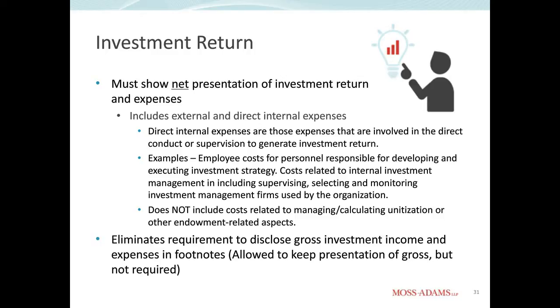So for example, if your organization has an employee and they're responsible for developing investment strategy and then monitoring that the strategy is being followed, his or her time for these activities would be considered a direct internal expense. Time spent on things like reporting or calculating unitization or other endowment-related aspects are not considered a direct expense since it doesn't impact the investment return.